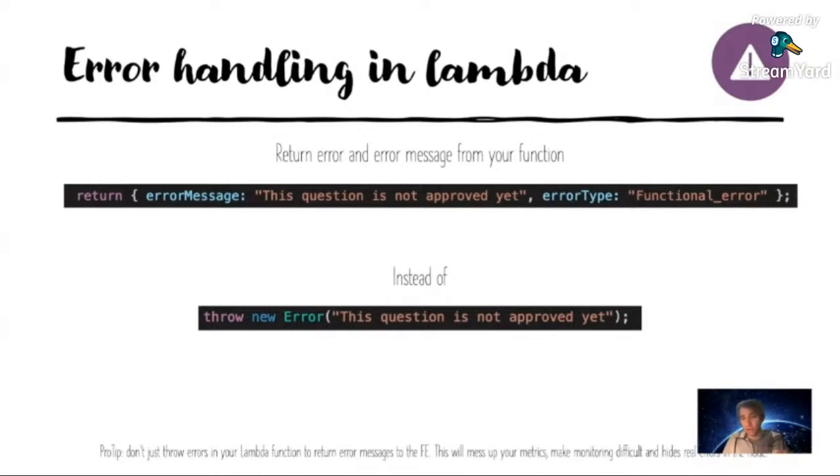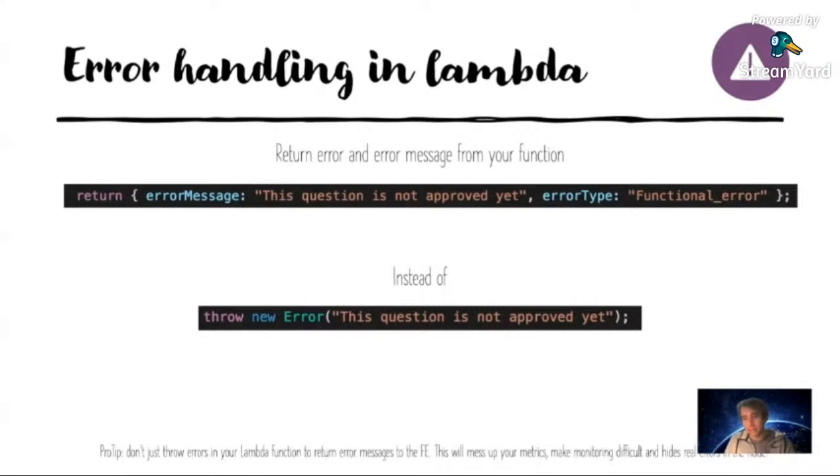But it will also throw a real error in your Lambda function, which means that it will mess up your metrics because it will look like all of your Lambda functions are crashing or are throwing errors. It will make monitoring very difficult because now your real errors are actually hidden within all of those fake errors that are just used to return faulty messages to the front end.